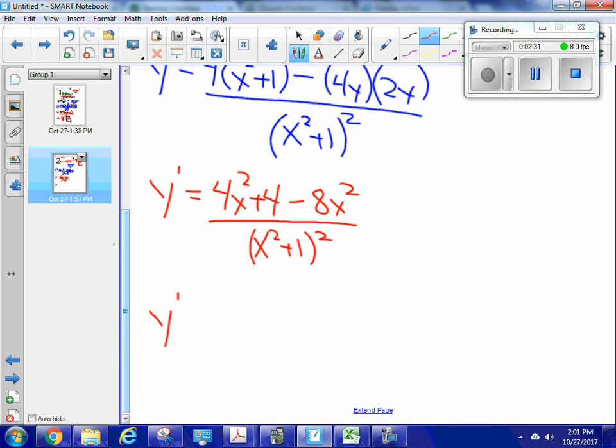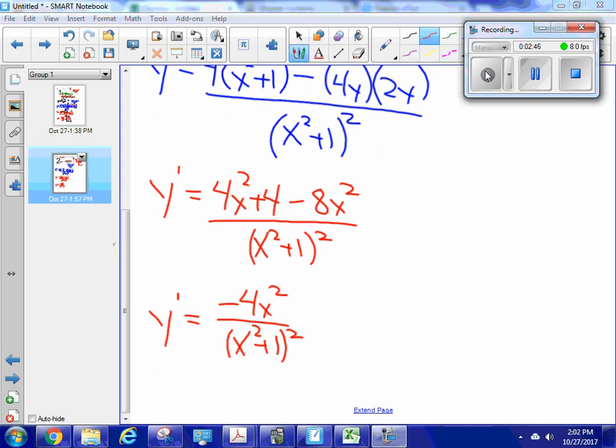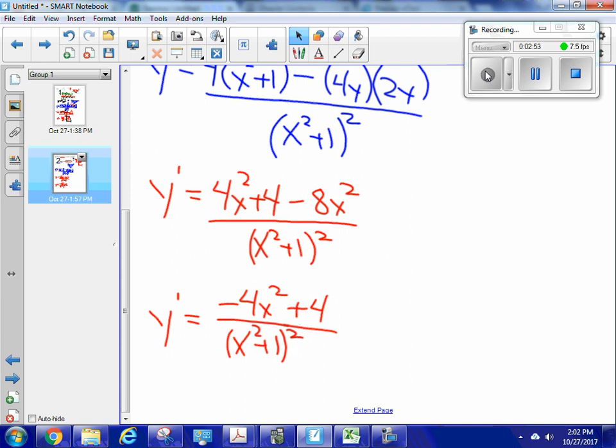So y prime is equal to negative 4x squared over x squared plus 1 squared. Nope, I forgot something. I forgot my 4. So it's negative 4x squared plus 4 over x squared plus 1 squared. So I'm satisfied with that.